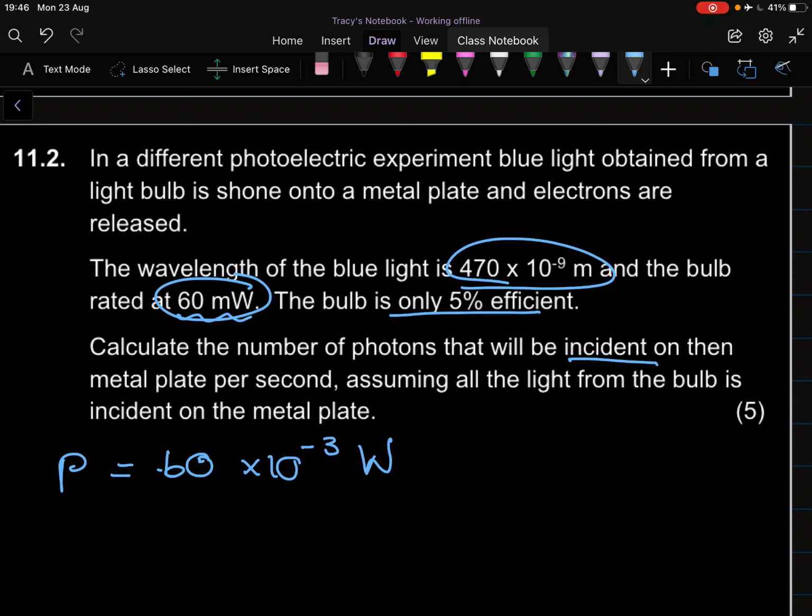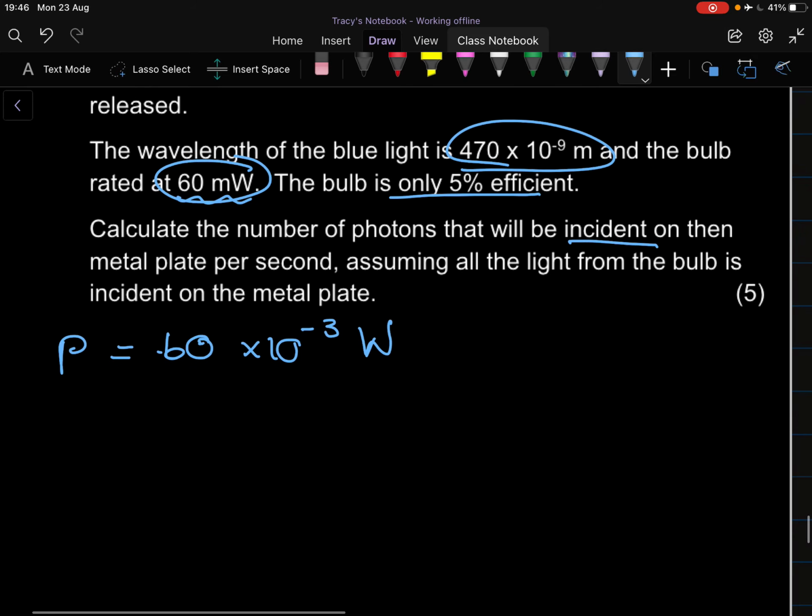Of that, only 5% of the light that's produced, or of the efficiency, so 5% of the energy that goes into the light bulb actually creates light that we can use. Alright? So, when we look at this, now we're going to look at this very carefully. Okay?